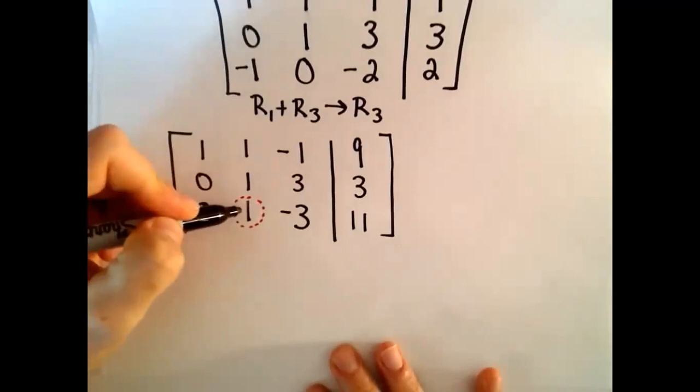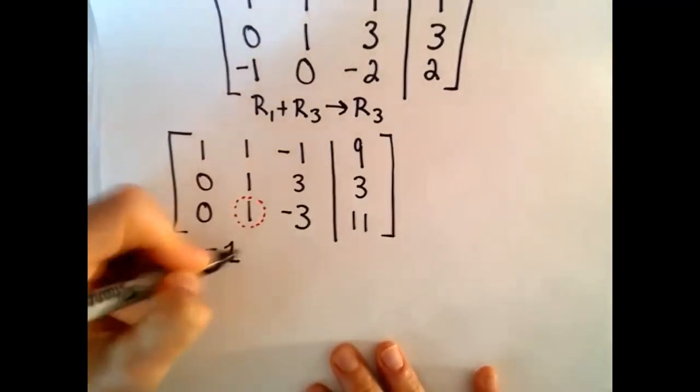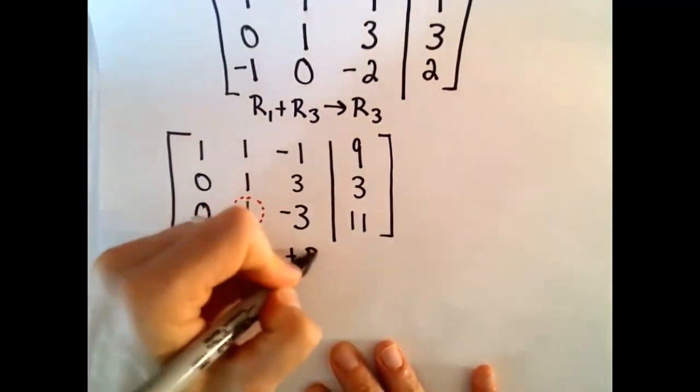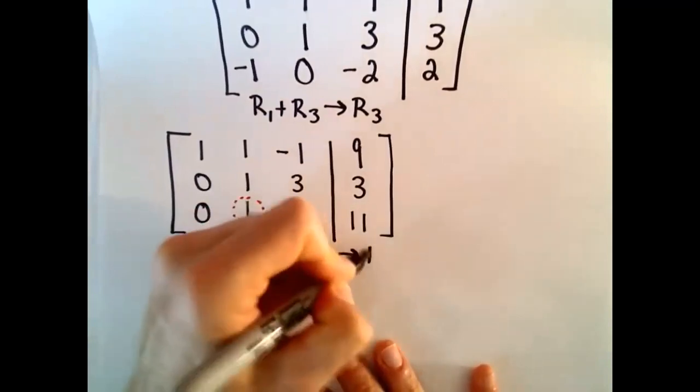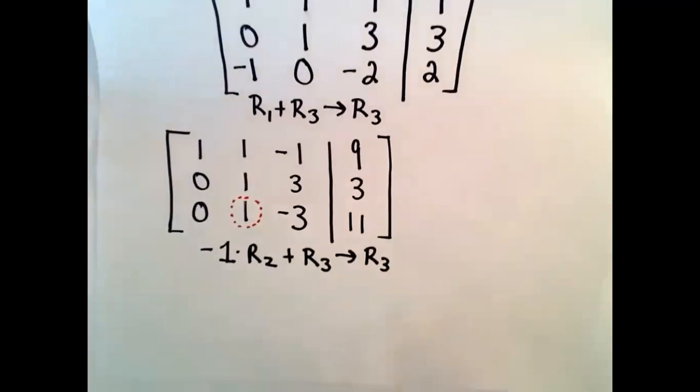If we just add row 2 and row 3, that's not going to do the trick. But if we multiply the second row by -1 and then add that to our third row, I think that'll do it for us. So let's see here.